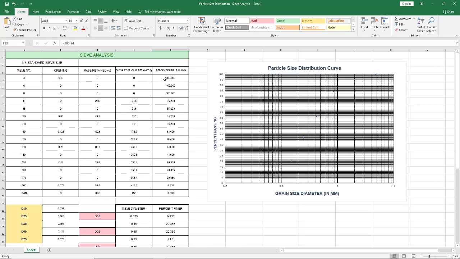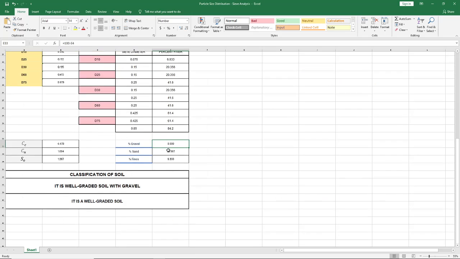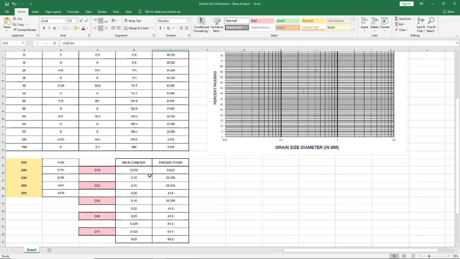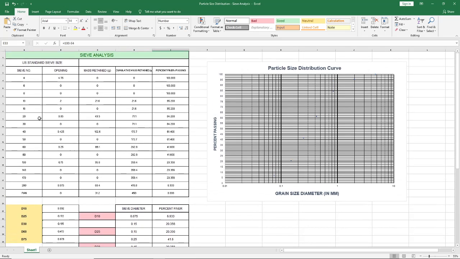Sieve number 4 has 100% finer, so it is 0. But if it is 94 or anything in that range, you just subtract it from 100, because sieve number 4 holds the gravel.